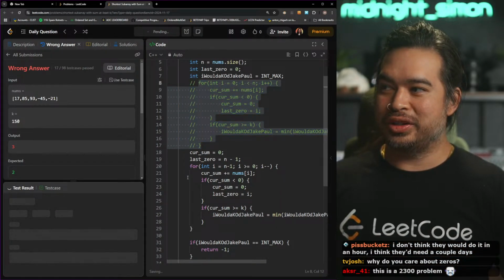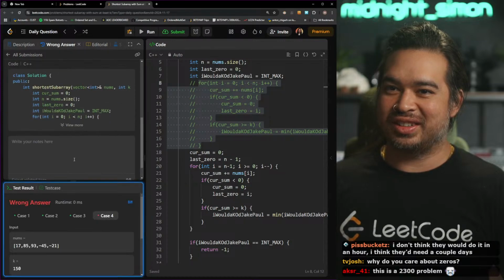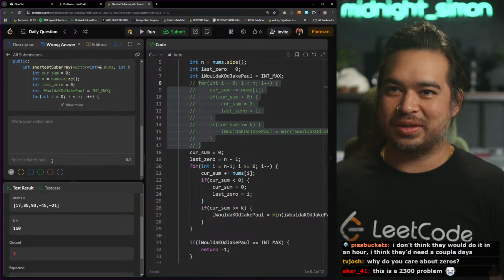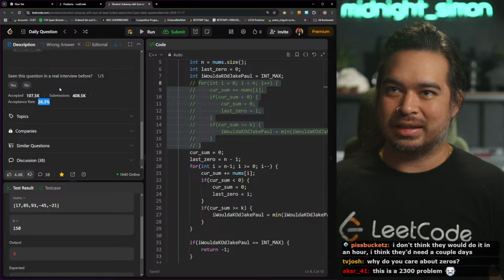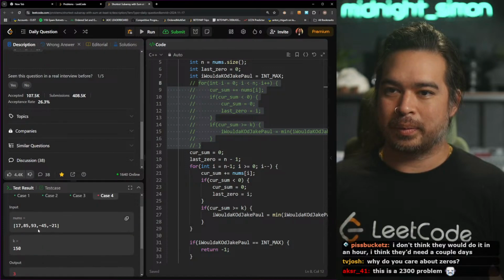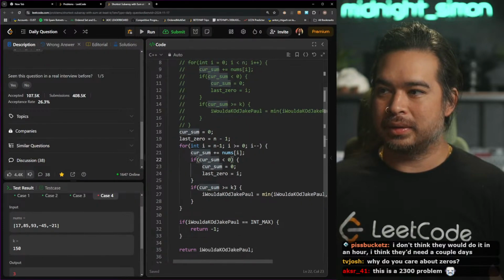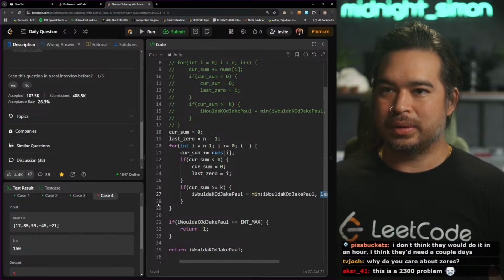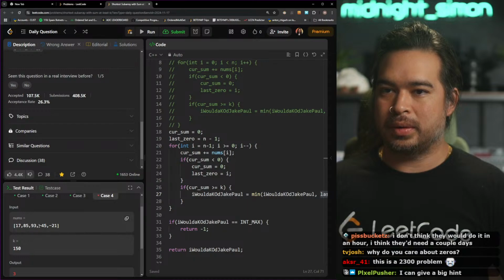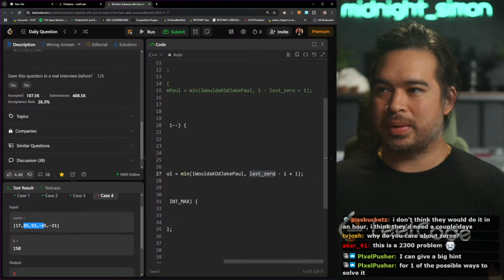So 2300 problem, yeah. It looks tough. It sounds tough. And it's a 26% accepted problem too. So how the hell, the last 0, 0, 1, 2 would be 3. And then 1. Oh, is it because I'm adding this 1?